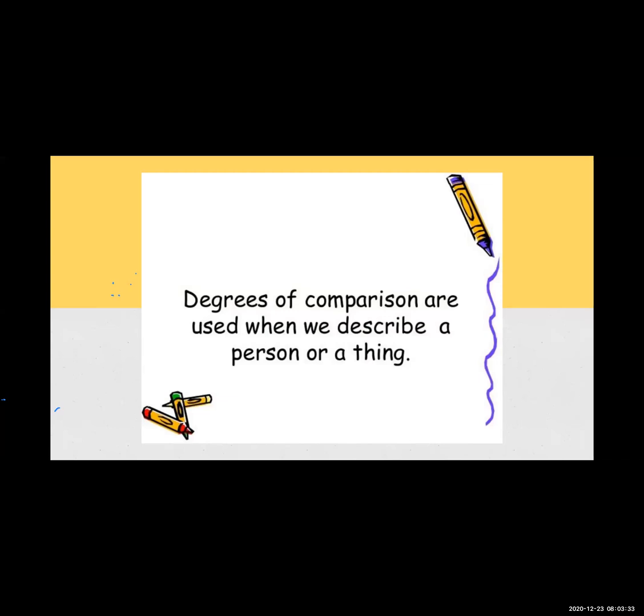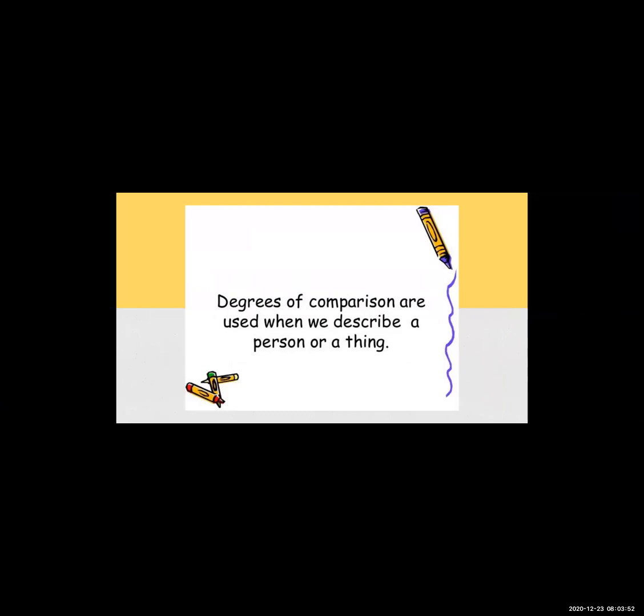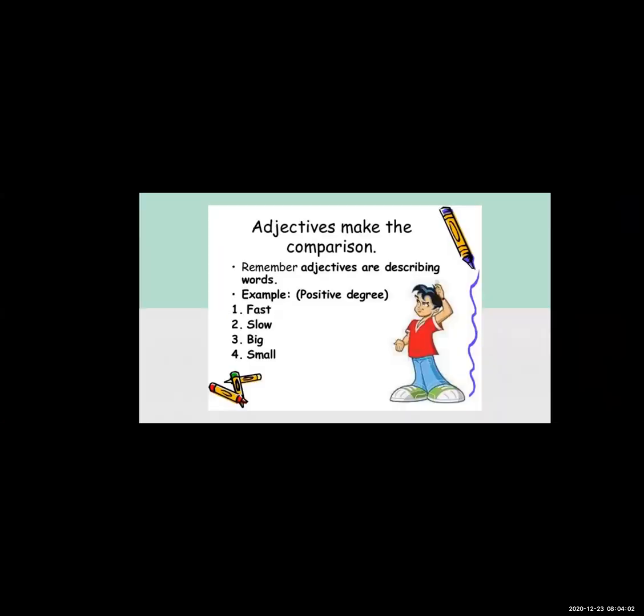I am just telling about that one particular person or one particular thing only. So that is called positive degree, when there is only one person at that time. We'll move to the next slide.